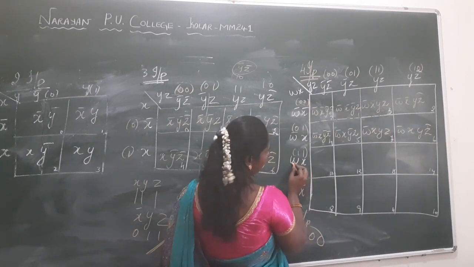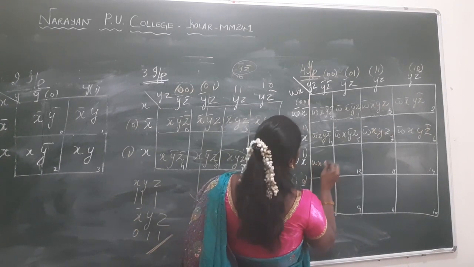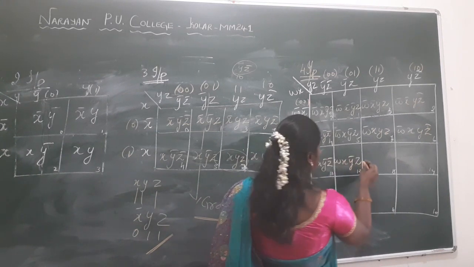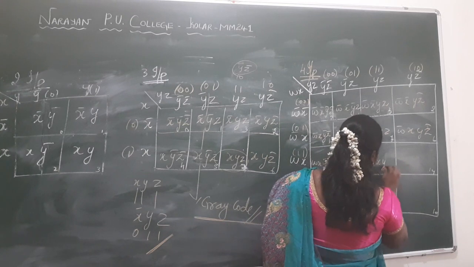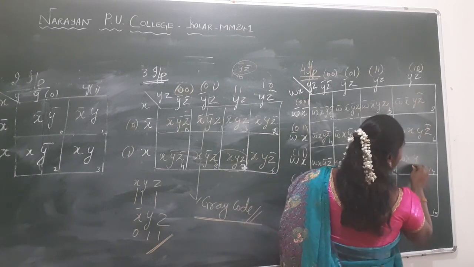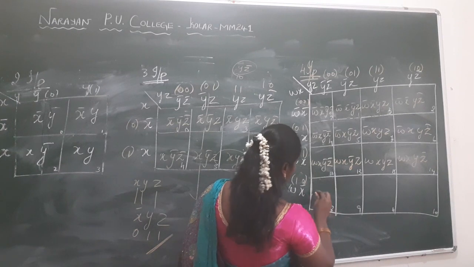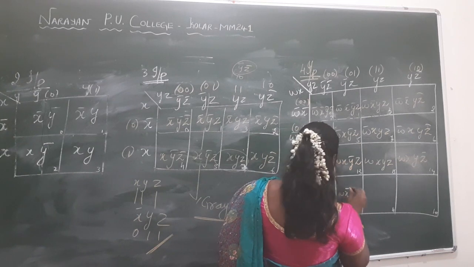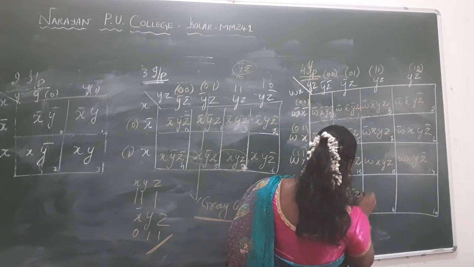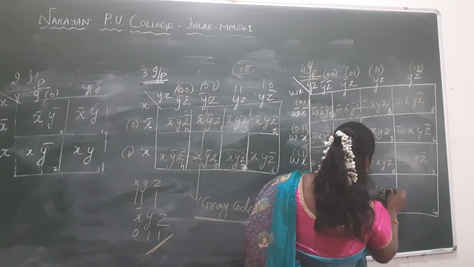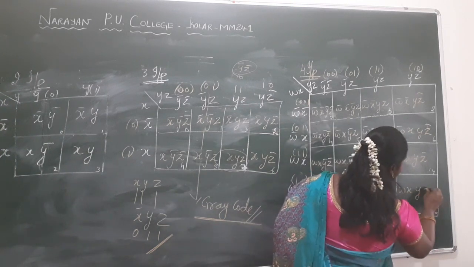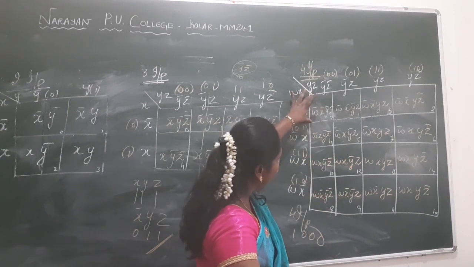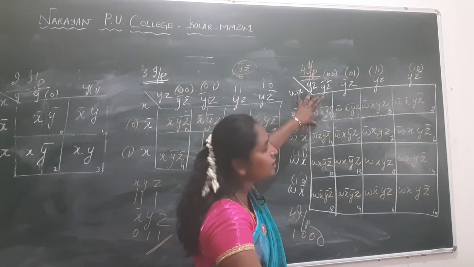Now come to the third row: w x y bar z bar, w x y bar z, w x y z, w x y z bar. Next, the last, w x bar y bar z bar, w x bar y bar z, w x bar y z, w x bar y z bar. This is the expression representation of each minterm in each square, whether it is a minterm or maxterm.